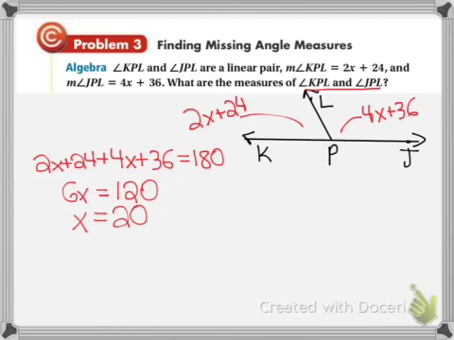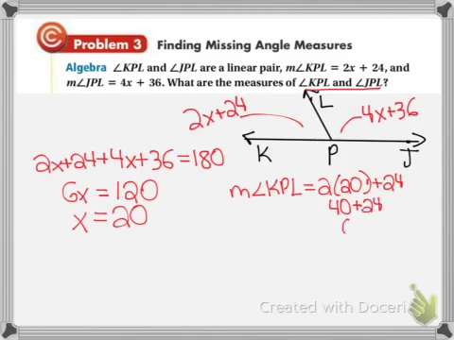Once we find x, we can find the measure of each angle. The measure of angle KPL is 2 times 20 plus 24. So that's 40 plus 24, which is 64.